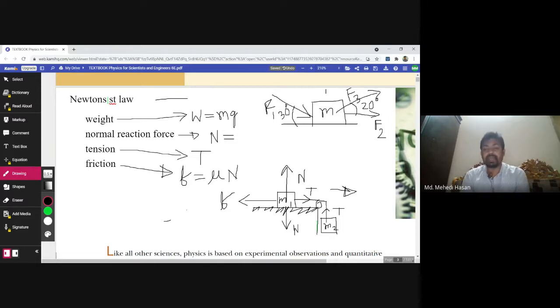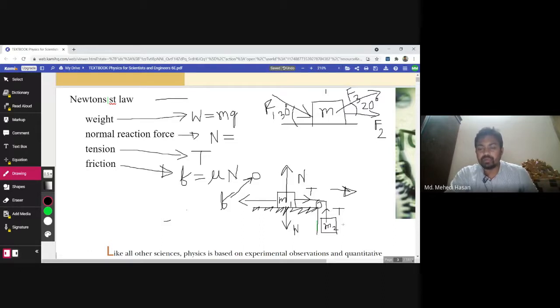If the surface is frictionless, then this part will be zero. There is no friction due to the frictionless surface, so F will be zero. And if there is a surface involved, then the normal reaction force will be involved.